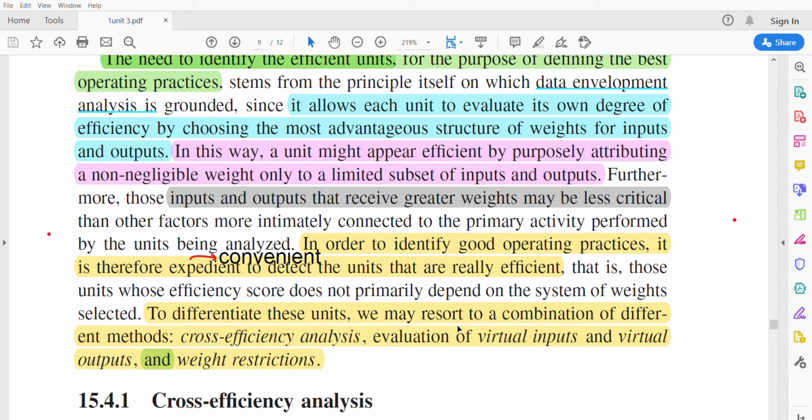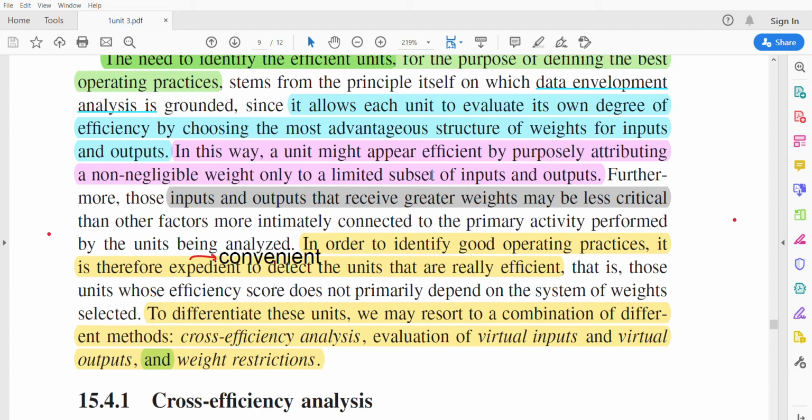So, in the data envelopment analysis, we already saw in the model, taking the inputs and associating them with the weights, and taking the outputs among the used inputs, we associated the outputs with the weights. So in this way, a unit might appear efficient by purposely attributing a non-negligible weight only to a limited subset of inputs and outputs.